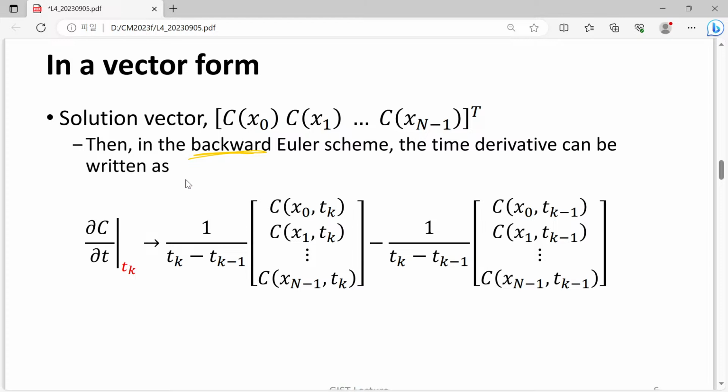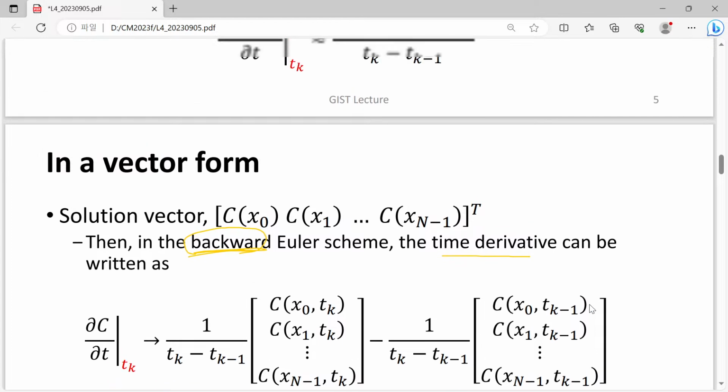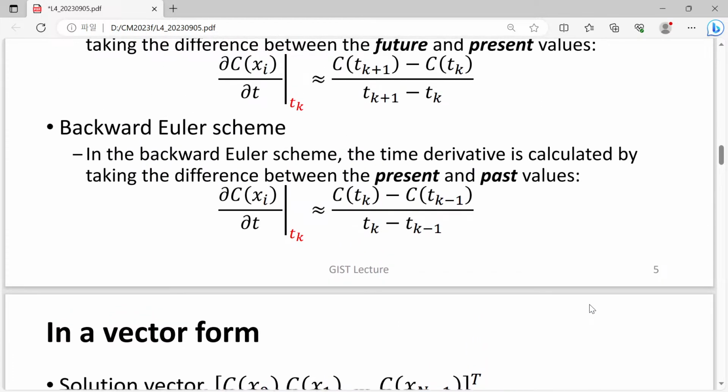So that is our choice. Then with the backward Euler scheme, the time derivative terms can be represented in this way. Previously we have already discussed the backward Euler scheme, so that's it.